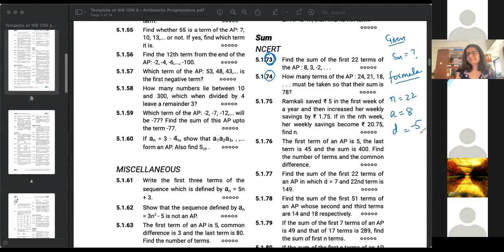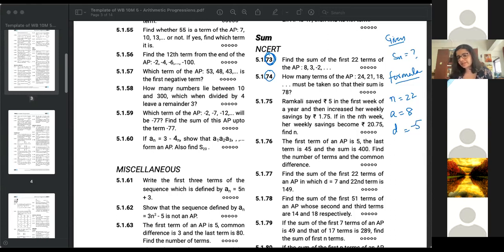Ritvik, now we got it. So yeah. Okay, 74B people are answering.